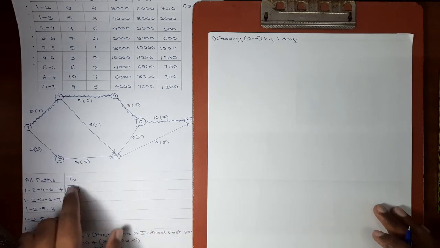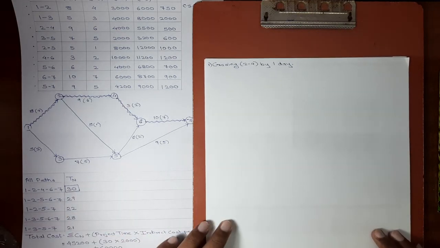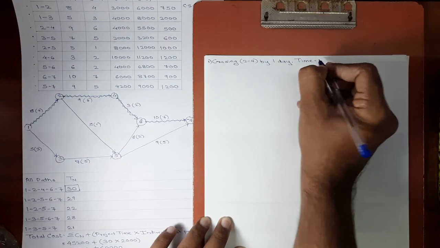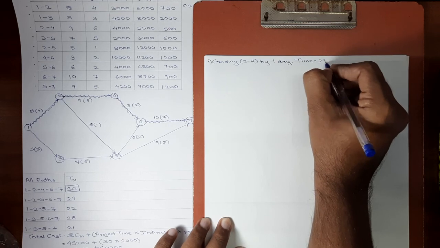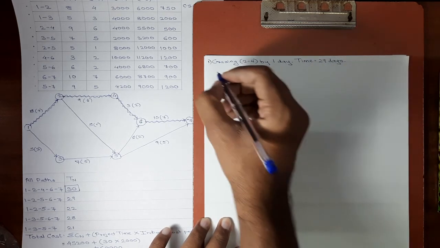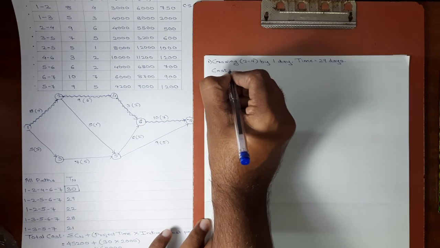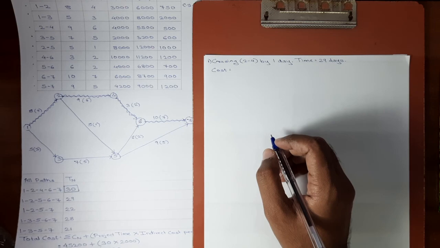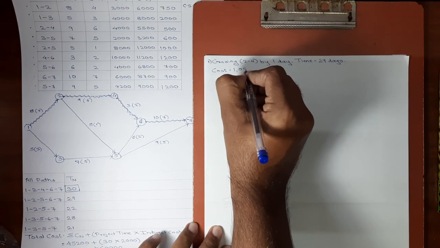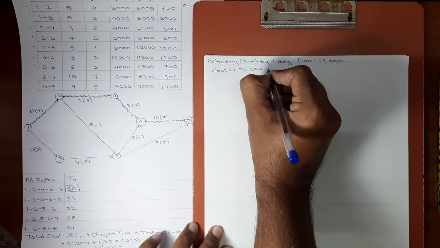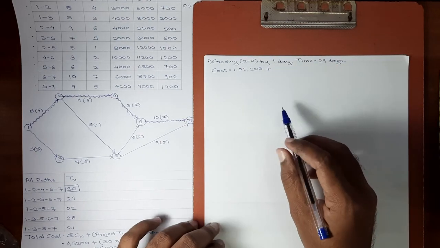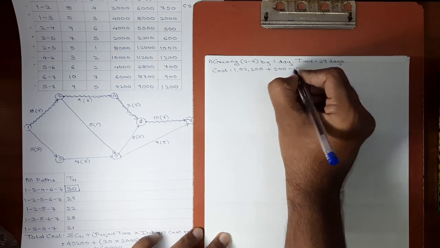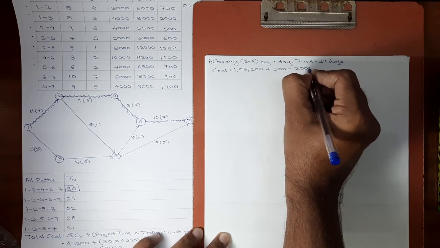Now the total duration here was 30 days. Now it will be reduced by 1 day because we have crashed activity 2-4 by 1 day. So the time will now be 29 days. And the corresponding cost will be: total cost of the project is 1,05,200, which we calculated in the earlier step, plus cost slope of activity 2-4, which is 500, minus indirect cost of 1 day, which is 2,000.